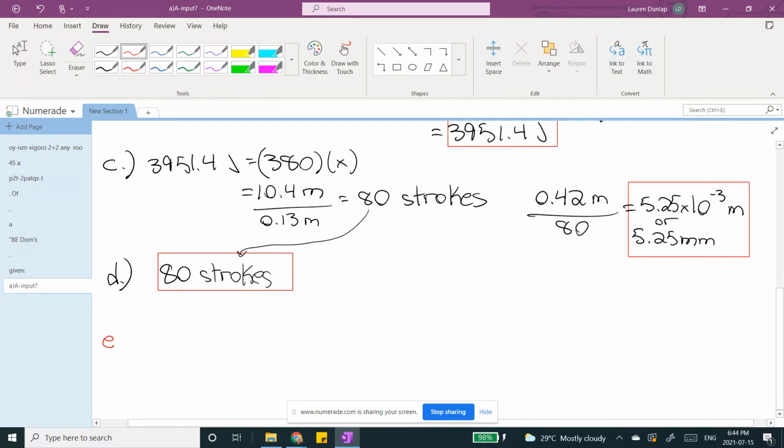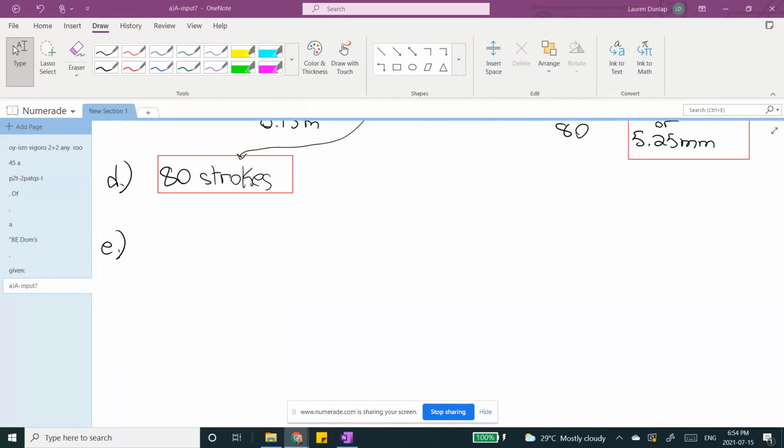And then for part E, we need to show that energy is conserved. So we're showing energy conservation. Work is literally the transfer of energy. So for this, we're just going to reiterate that work in equals work out.